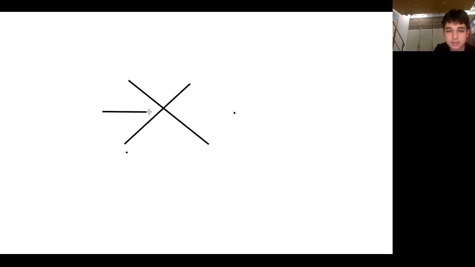And say, for example, now that I had a figure like this, right? Where I had two intersecting lines. All right. And I had a straight line going through in between. Sorry, like this. All right.